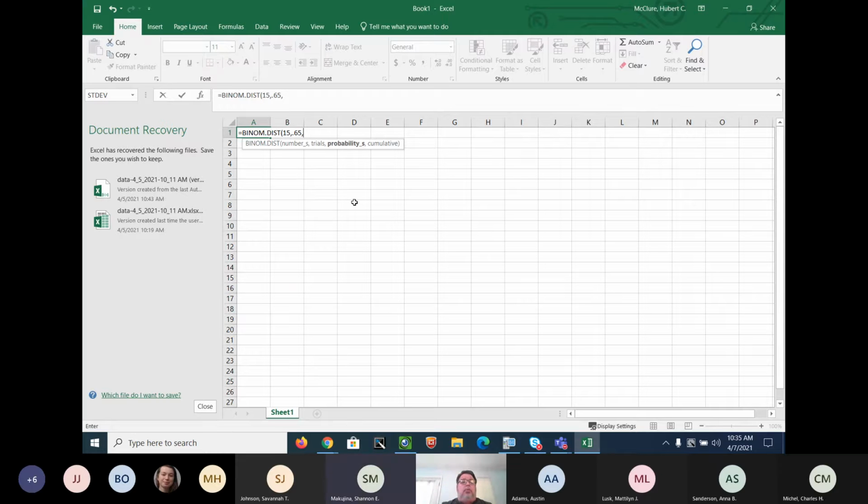Wait a minute. Let's see, hold on a second. Okay, numbers. That would be 15, and then X would be 12, and then P would be 0.65. You have to type it in a different order. And then cumulative, this is not cumulative because you're wanting it precise, so that would be false, I assume. And I didn't close it.